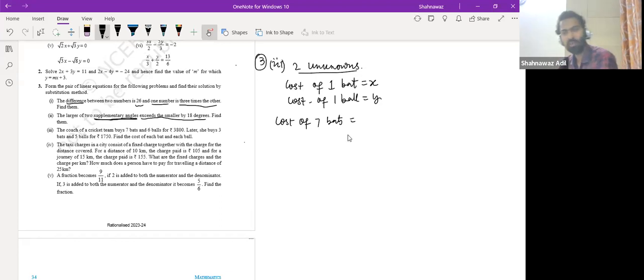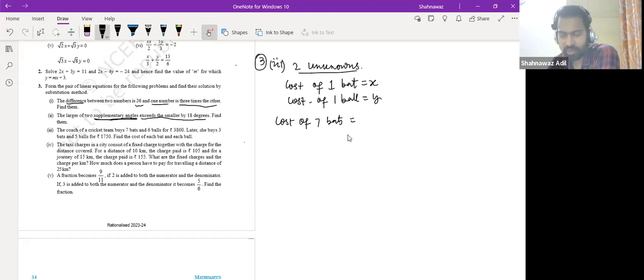So let's say you know that the cost of one pencil is 5 rupees. So what would be the cost of 3 pencils? Let me ask again.